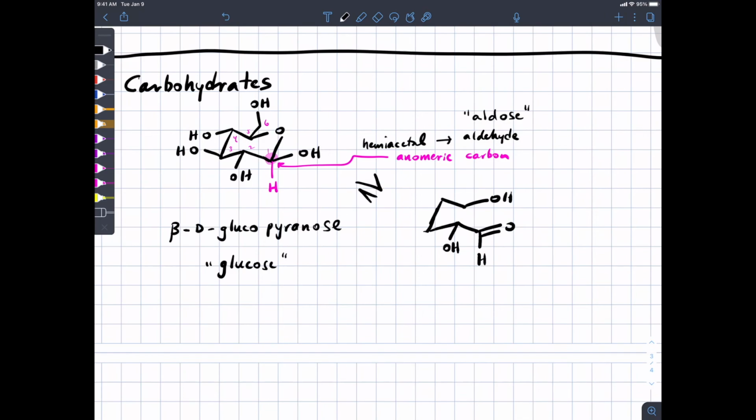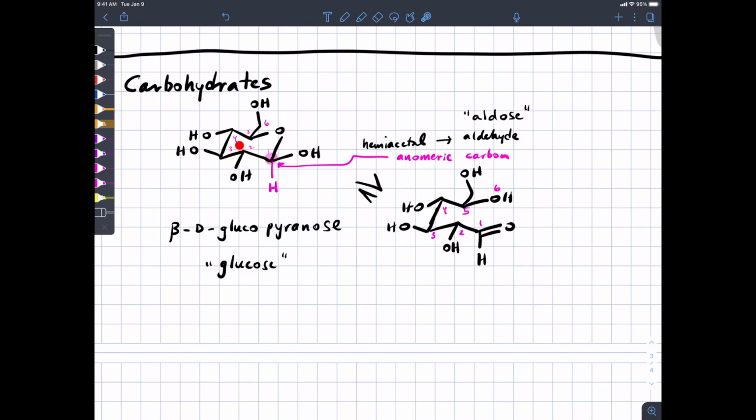So I'm drawing the open chain form for you right here in the same overall shape, just we now have the aldehyde here and the OH group on carbon 5. People get confused whenever you're making rings. Your mental SpongeBobs go all over the place and the whole thing lights on fire.